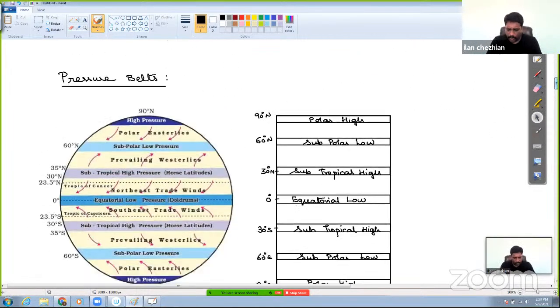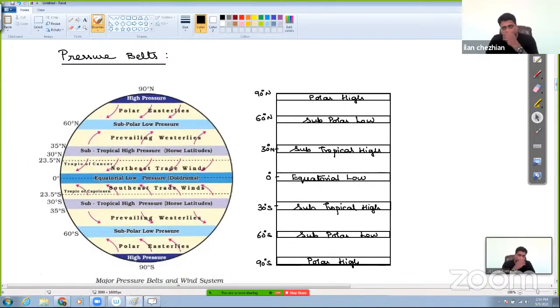So what are the pressure belts we have? Approximately, we have an idea. Now, you may have a doubt: how exactly are these pressure systems developed? That is one question. Number two, what is the relation between temperature and pressure?